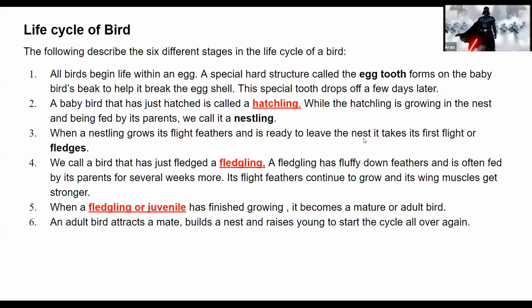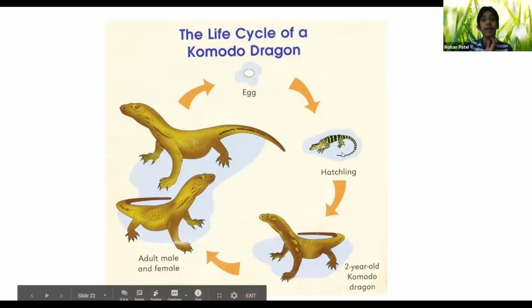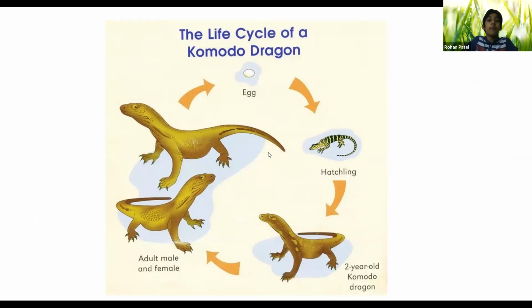Can't the animals die before hatching, like giving birth? Okay, so yes, that's a good catch too. Animals can die at any time, but if an animal would have a perfect life, like this Komodo dragon, so for example, if you didn't know, Komodo dragons can be cannibals. Adults can eat the hatchlings.